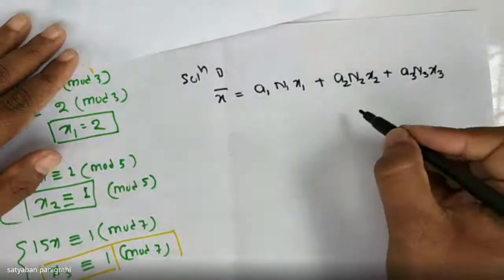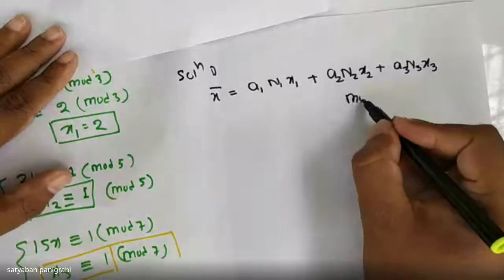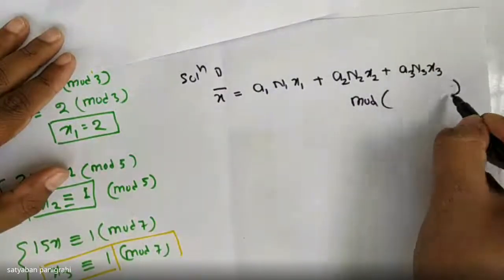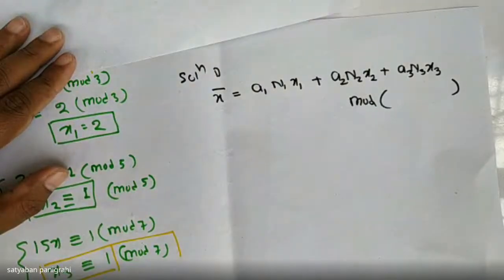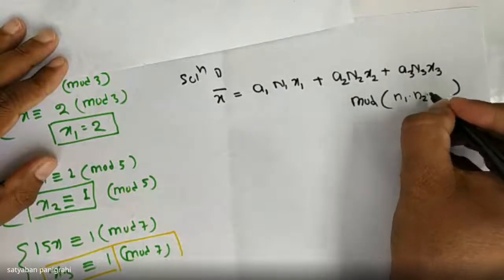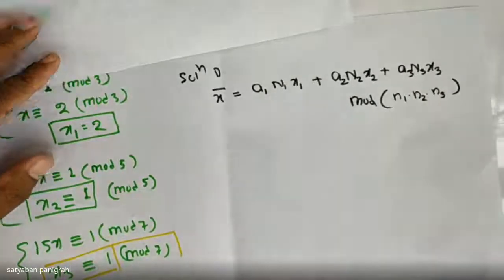Now what do we write? This mod how much? 105. That means n1 into n2 into n3, or n.